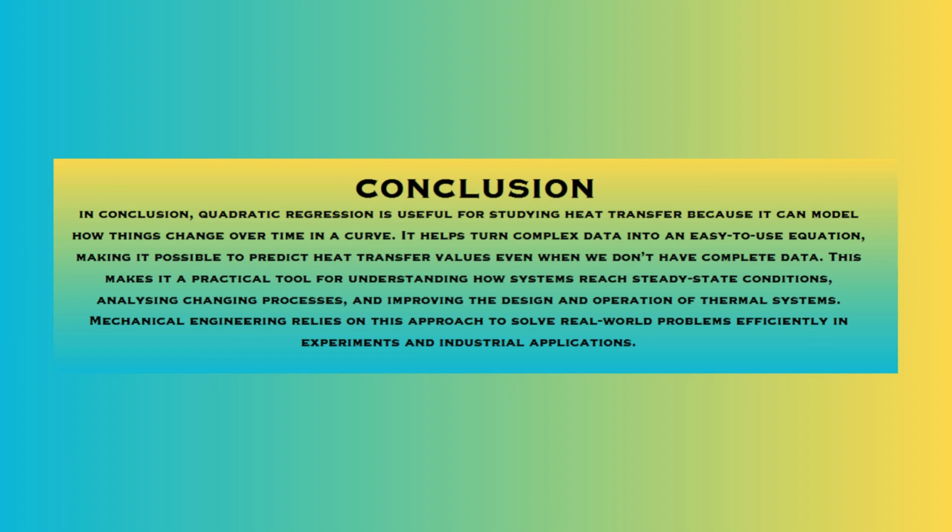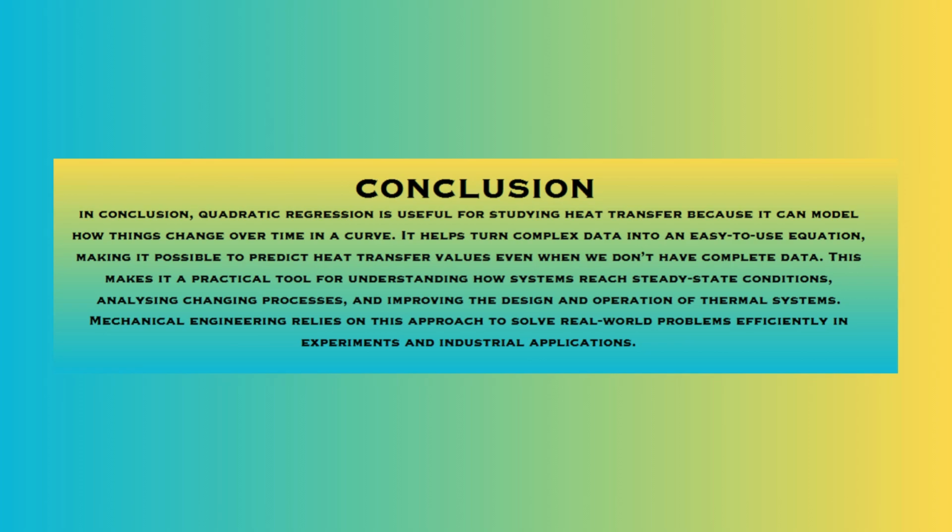For the conclusion, quadratic regression is useful for studying heat transfer because it can model how things change over time in a curve. It helps turn complex data into an easy-to-use equation, making it possible to predict heat transfer values even when we don't have complete data.